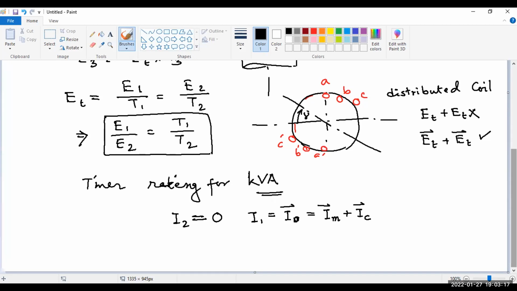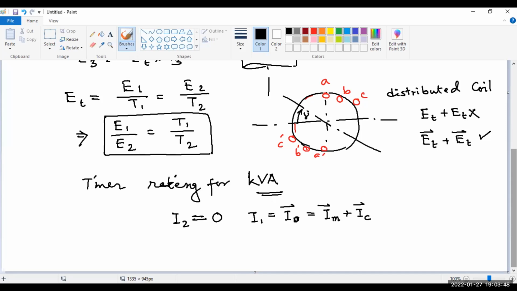All these will decide the magnetizing component Im, and the BH characteristics, the area under the BH loop, and how the core is formed, whether laminated or non-laminated, will decide the value of Ic. But anyway, this current is not related to the other coil.